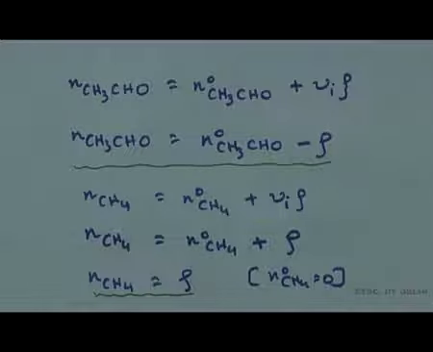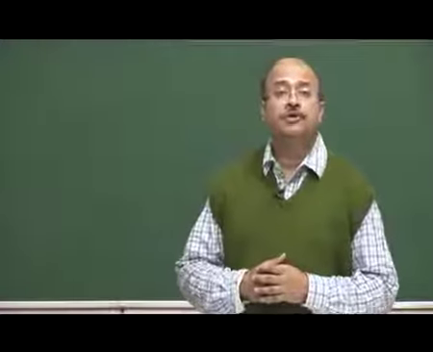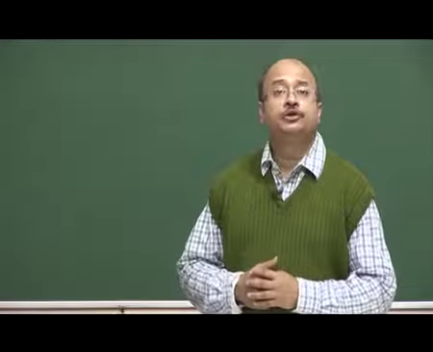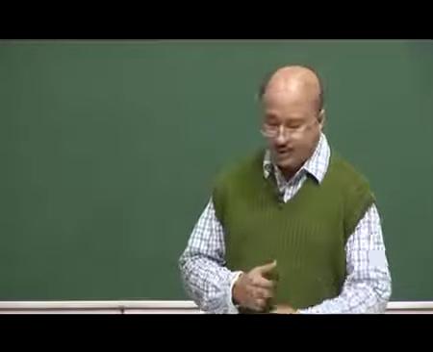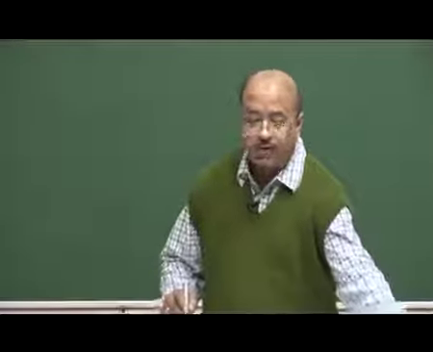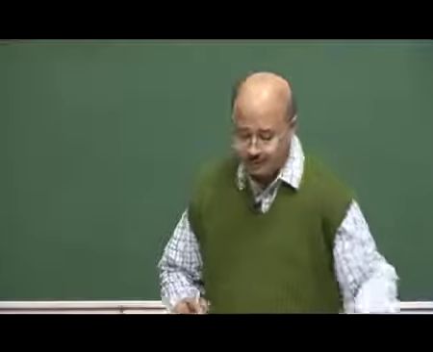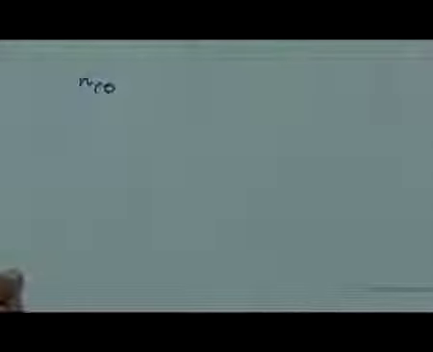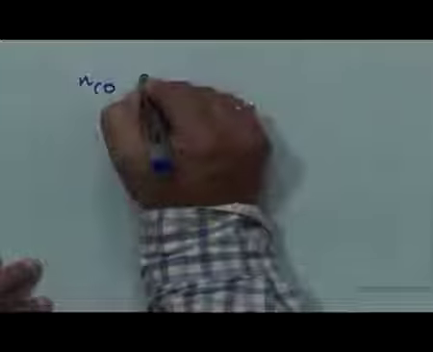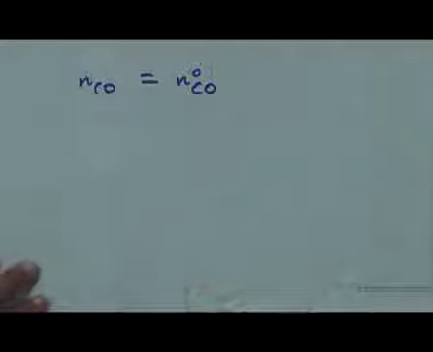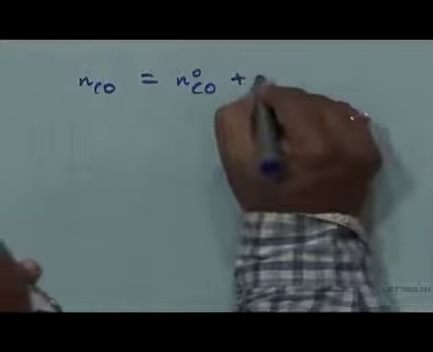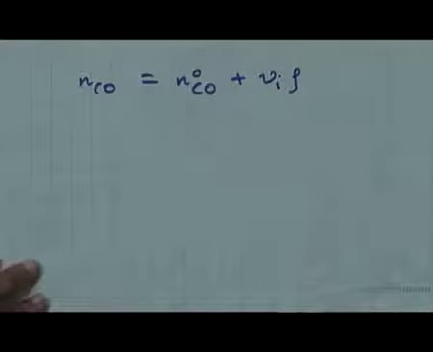We are left with one more component, which is one of the products, carbon monoxide, very similar to methane. So, how do we write that? For carbon monoxide, N CO, the number of moles of carbon monoxide, is equal to N naught CO, the initial number of moles of carbon monoxide present, plus nu i xi.